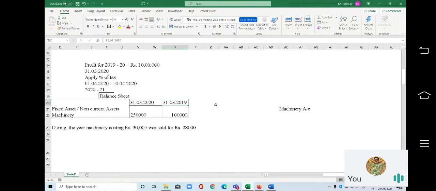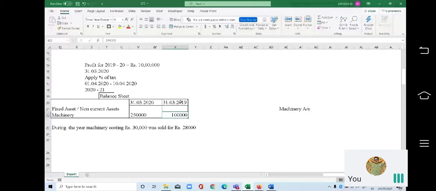You know that the closing balance of 2019 for the machinery, rupees 1 lakh, will be the opening balance for the year 2019-20, that is, 1st of April 2019. This balance of 1 lakh will be the opening balance for the next financial year.